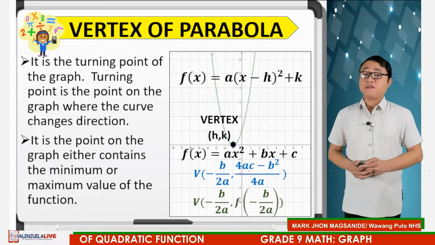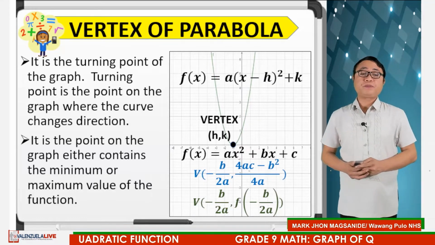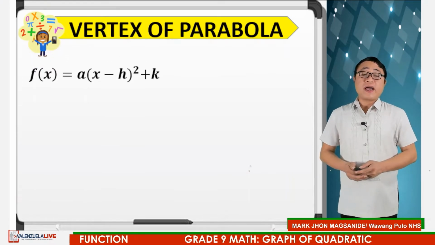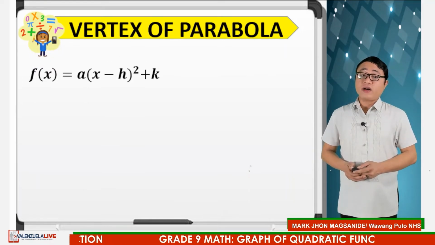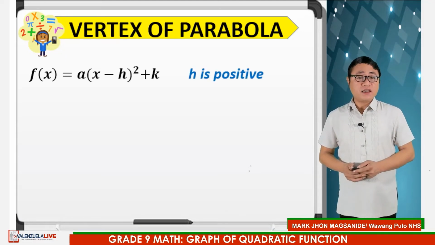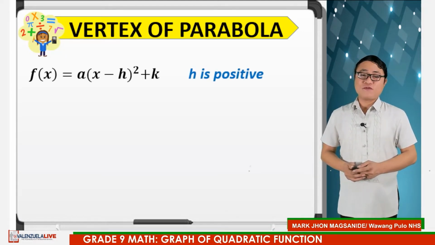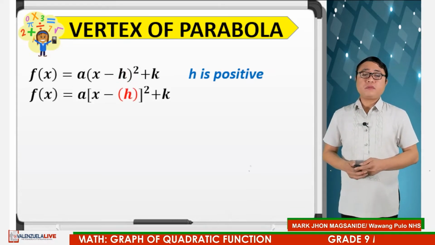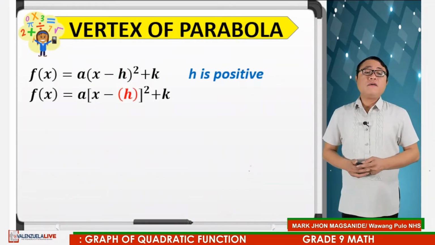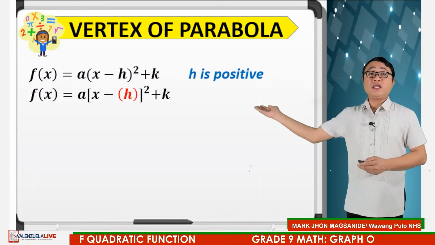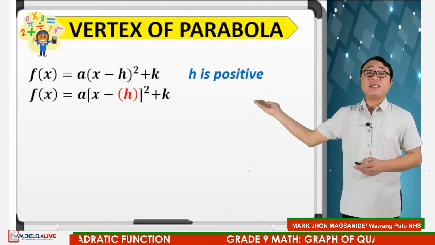In the vertex form of quadratic function, f(x) is equal to a times (x minus h) squared plus k, h is positive. Here is the reason why. In the vertex form, the value of h is positive if it is expressed as a difference.